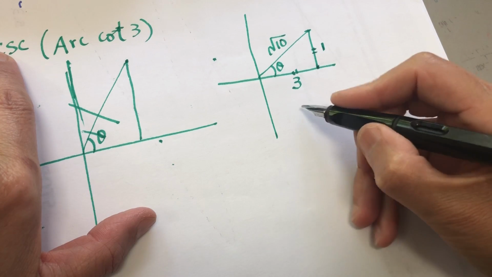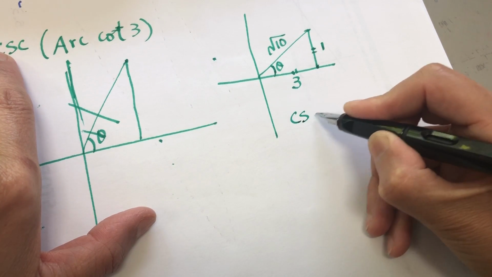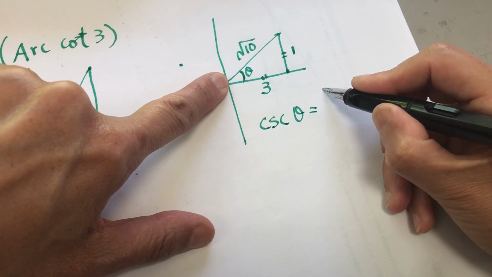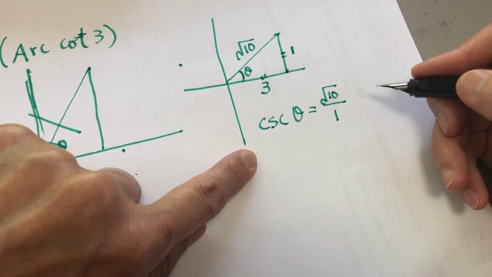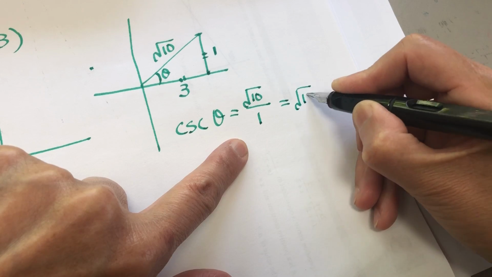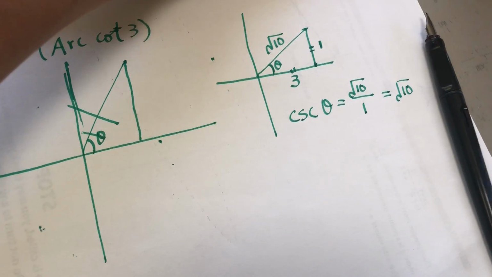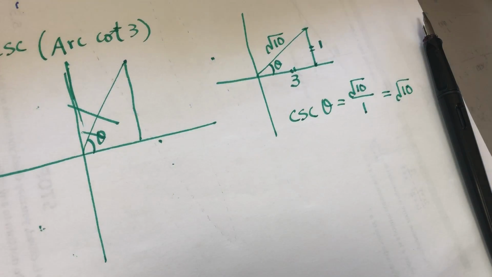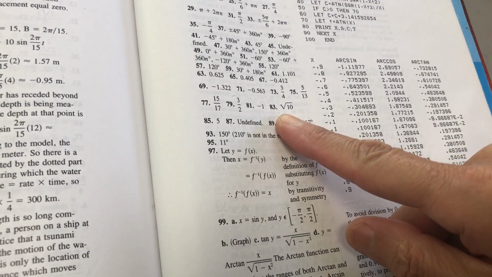So cosecant theta equals root 10 over 1, equals root 10. 83 is root 10. Oh, I need to take a look to prove. Yes, we are right again.